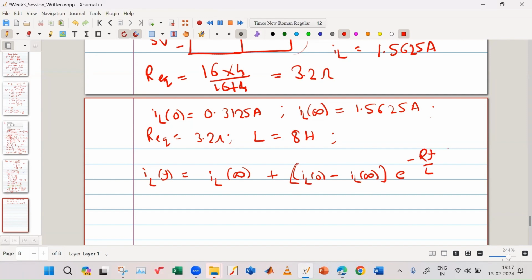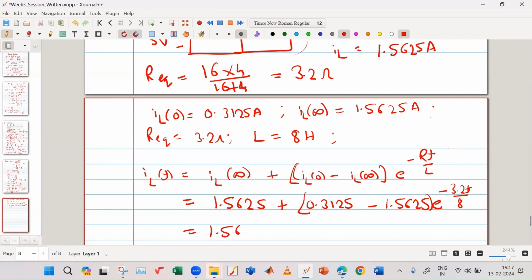So that will be equal to IL of infinity, which is 1.5625, plus IL of 0, which is 0.3125, minus 1.5625, times e raised to minus 3.2 t upon 8. How much is 0.3125 minus 1.5625? Minus 1.25.